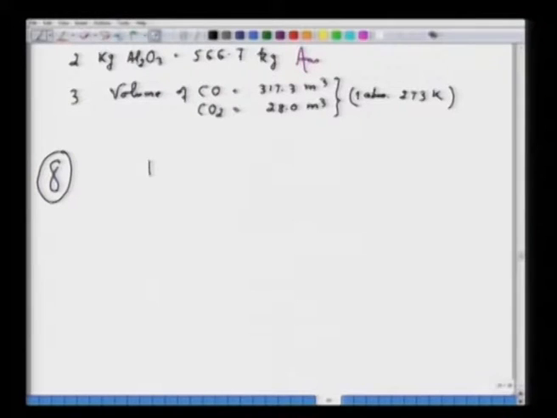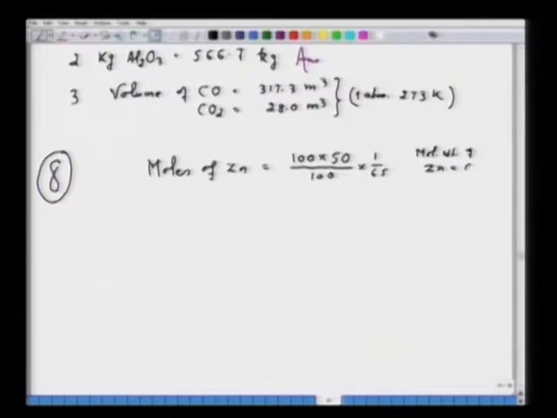Say you start with the moles of zinc, that will be equal to 100 into 50 upon 100 into 1 upon 65. Say here molecular weight of zinc I took 65. So, I will be getting here 0.77 kg moles.